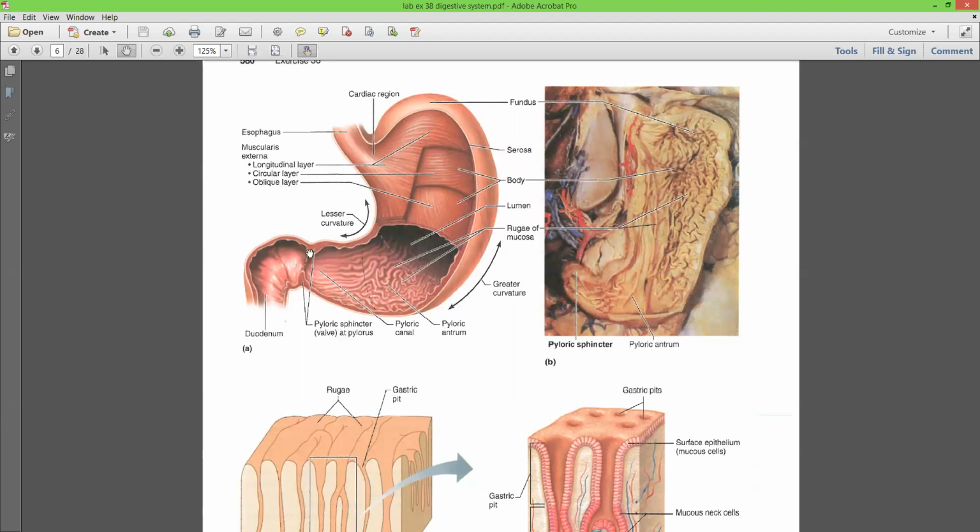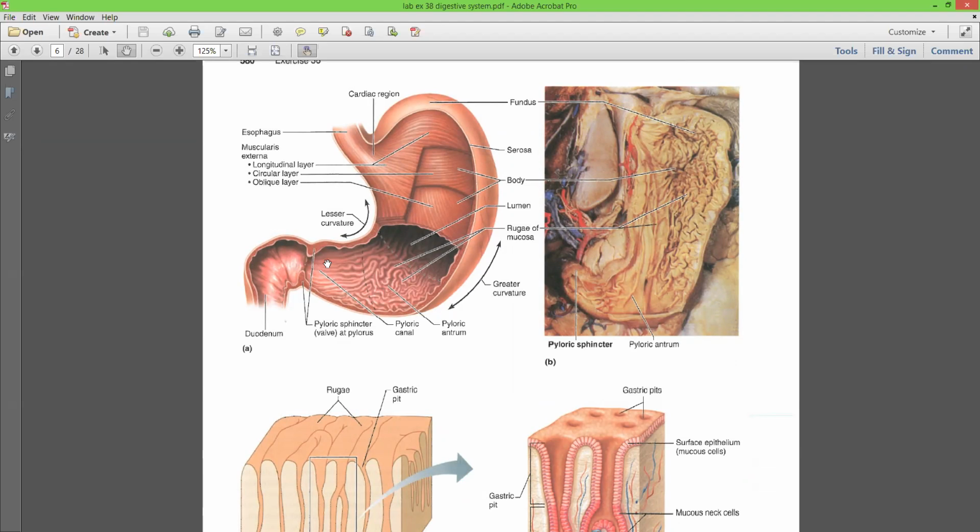Okay, you have the pyloric sphincter inside the stomach. So the stomach has been cut in the coronal plane here. All right, and you have the pyloric sphincter, and that is a gatekeeper for chyme, C-H-Y-M-E, which is your blender analogy.